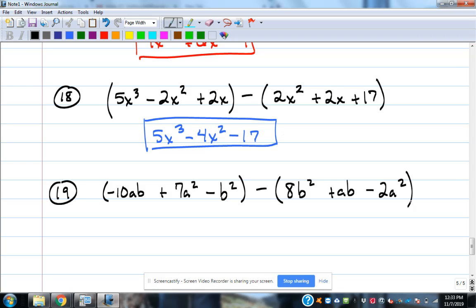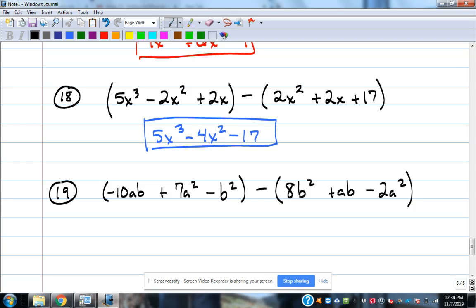Addition's too easy, so we don't do very much. All right, so we've got two variables in this thing. So that means we've got to be careful about our descending order. Which letter do we go by? A, because it comes first in the alphabet. Okay. So what do we start with?